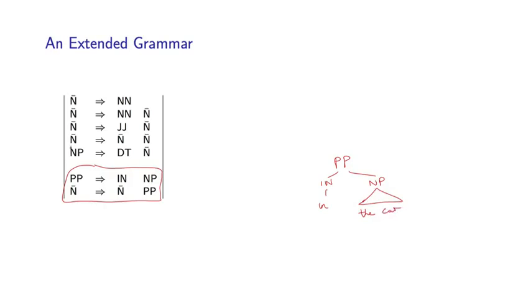And then I'm going to use this rule here to say that I can form an N bar by an N bar followed by a PP. And then finally I'll use this rule again at the very top: NP goes to determiner N bar. And so I can have something like the dog in the car, okay?